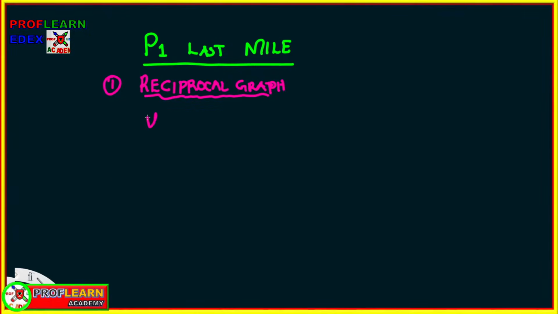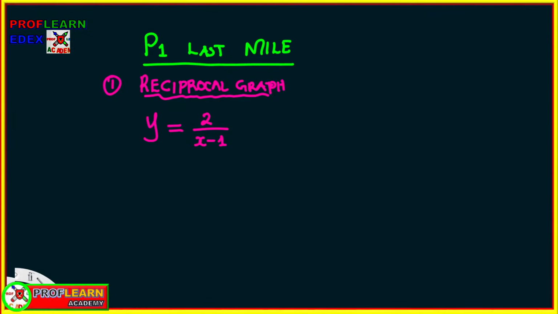So if you have a graph, y is equal to, let's for instance say you have 2 over x minus 1, this is a reciprocal graph. If you are told to sketch this graph, there are a few things that you need to have in mind. One of the concepts that you must have in mind is the asymptote.